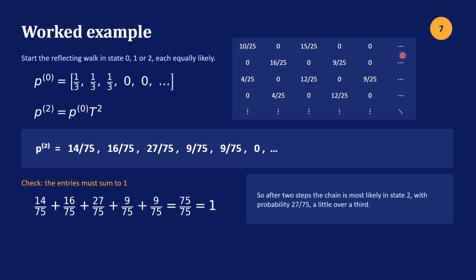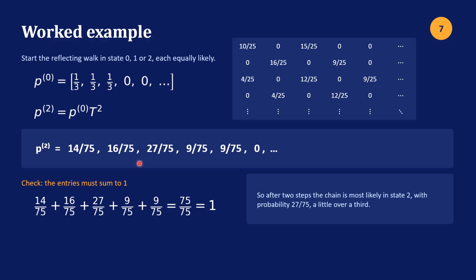And then everything further out, you have zeros in these first 3 rows. And so when you multiply it by this, you're just going to get zeros. And as a check, we could just add these, and they do add up to 1. So that's good. So these are the absolute values of being in a given state at step 2.